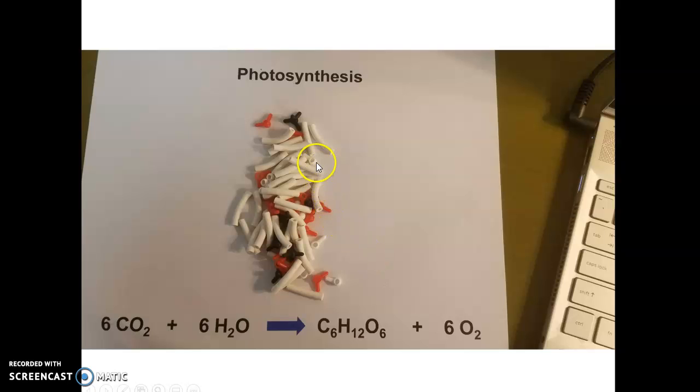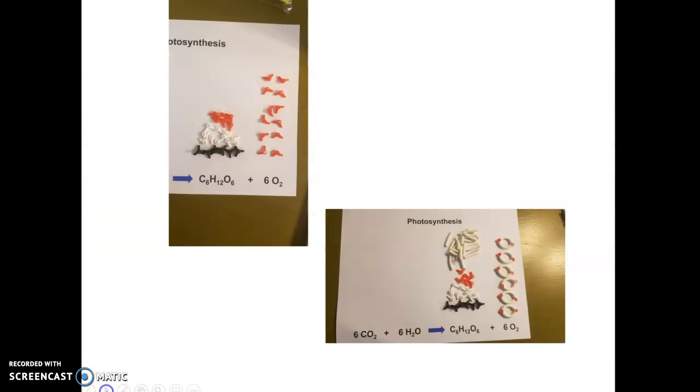So after you have broken apart all of your atoms and bonds, they're going to be reassembled into 1 glucose molecule and 6 oxygen molecules. So I want you to start with the 6 oxygen molecules. And so that will be the red atoms, and there are 2 oxygen atoms for each oxygen molecule.